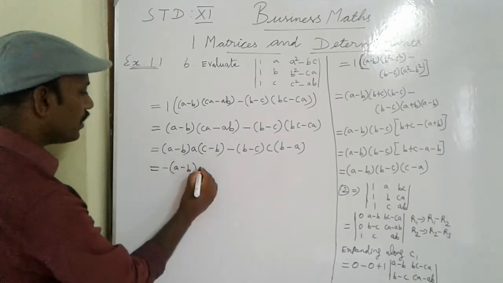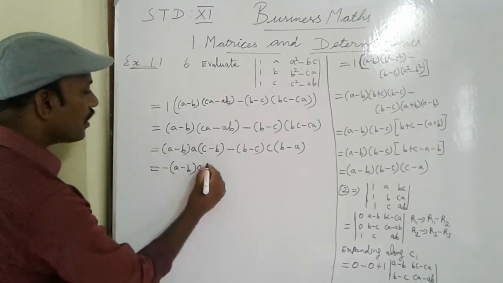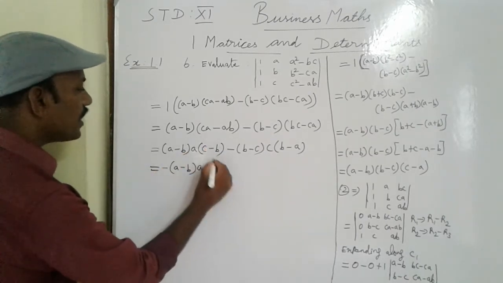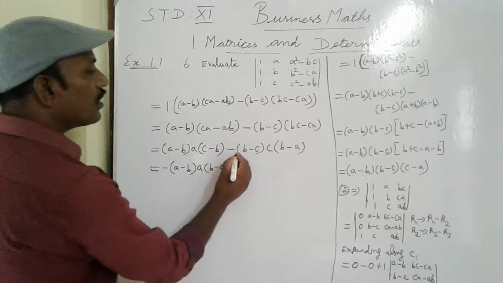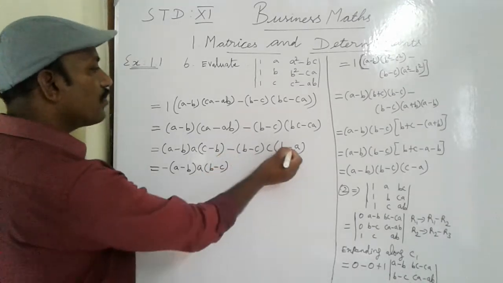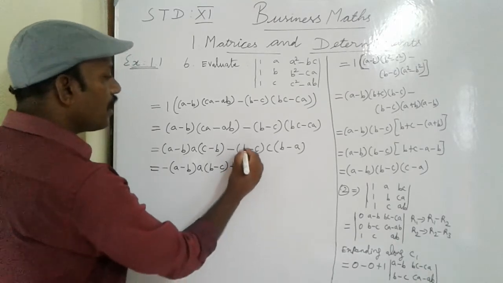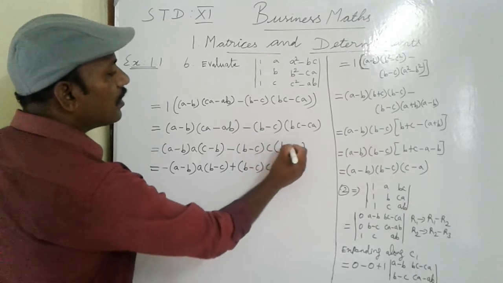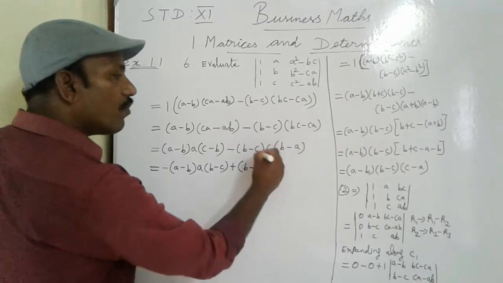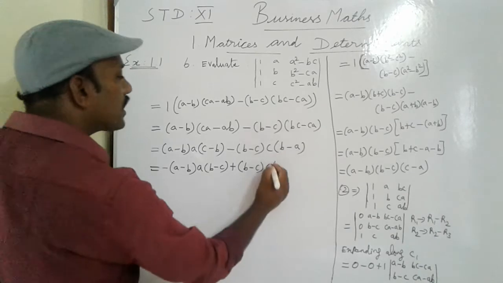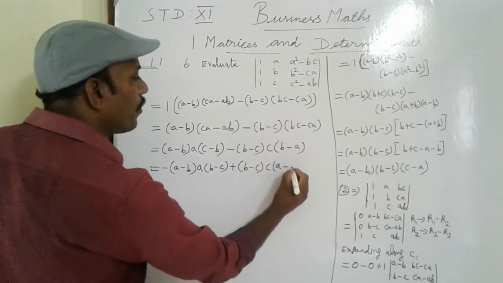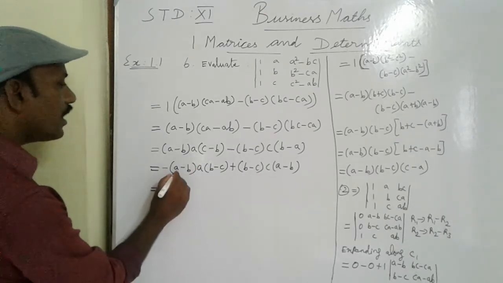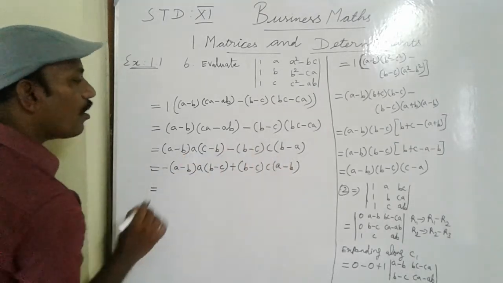here A into, this is A, take common minus, so B plus B minus C. Here also minus take common, minus into minus is a plus B minus C, C into, this is A, take common. Then this is plus A minus B. Now we should take A minus B, B minus C, both terms common.